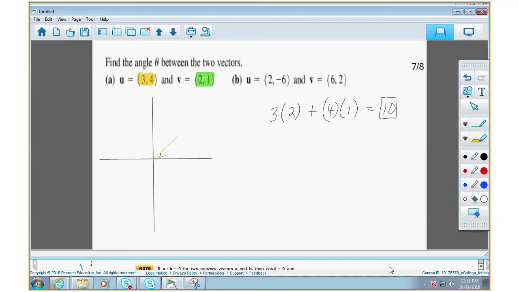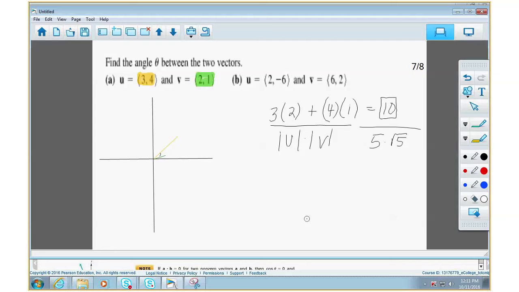Now, 3 squared plus 4 squared is equal to what? 9 plus 16, which is 25, so that's 5. 2 squared is 4, 1 squared is 1, square root of 5. Y'all check me on those two. And that's the hypotenuse of u times the hypotenuse of v.